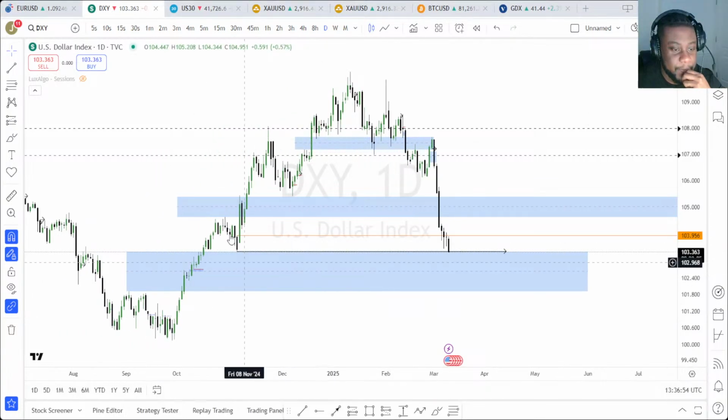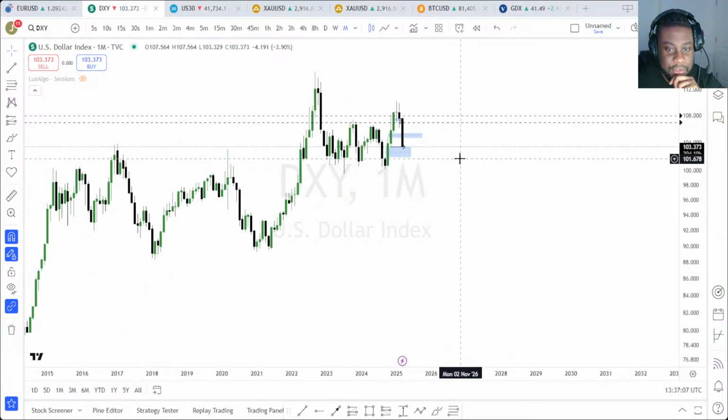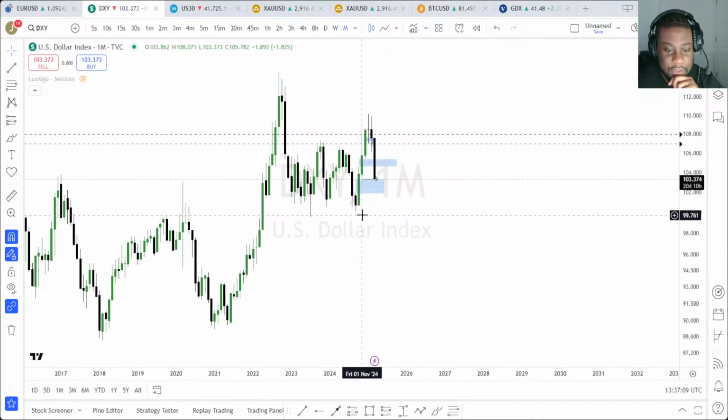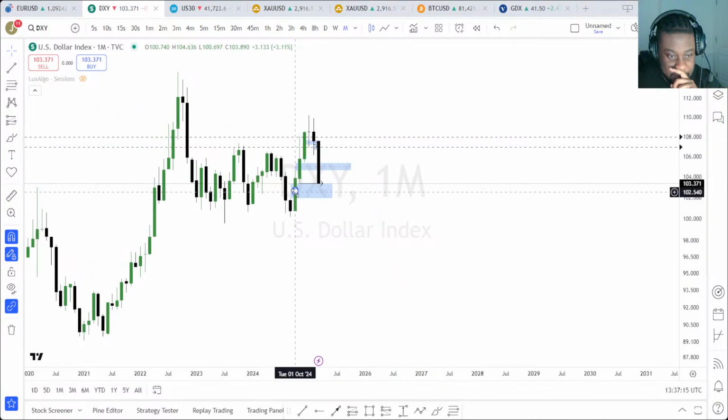Anyway, so yeah, I was looking for a buy out of this daily candle for the dollar to at least give us a pullback. And essentially, what we also had at the lows were monthly lows as well. We had November 2024's monthly low, and that's what we're gravitating towards. We also do have the monthly imbalance down below.